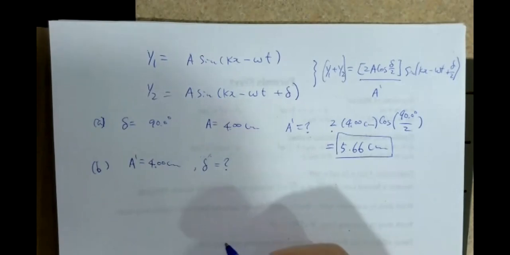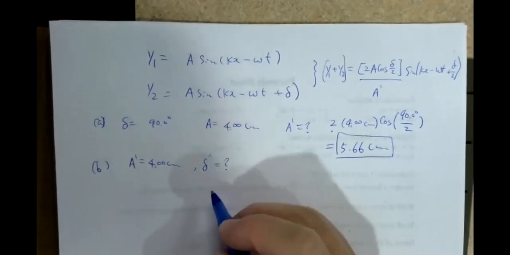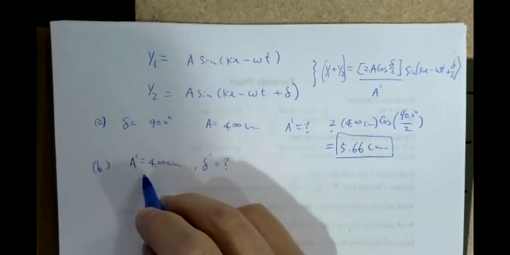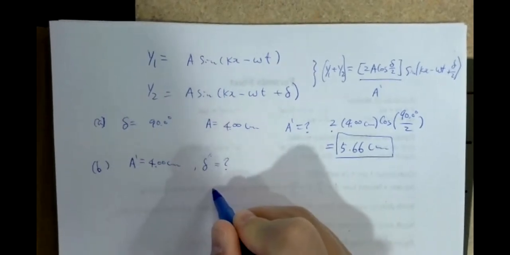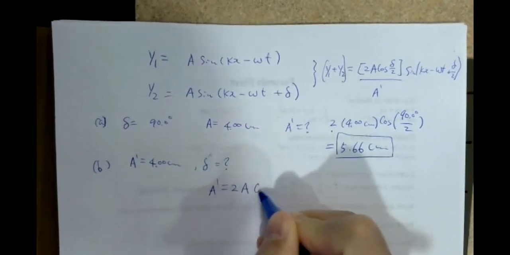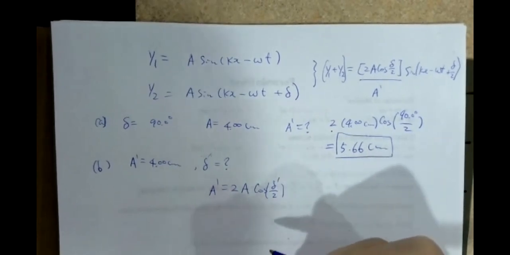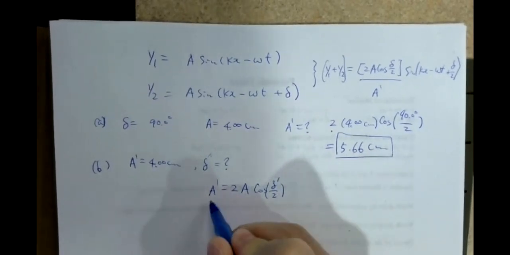Part B here, you're looking for delta this time. So it tells you the new A prime is 4. So that means A prime equals 2 times A cosine of delta over 2. Let me call this delta prime. You're looking for delta prime, okay?